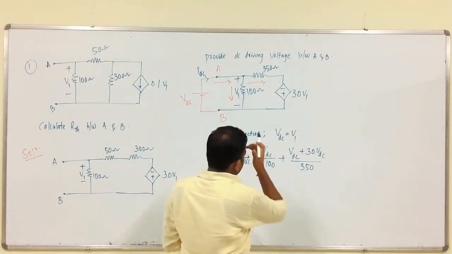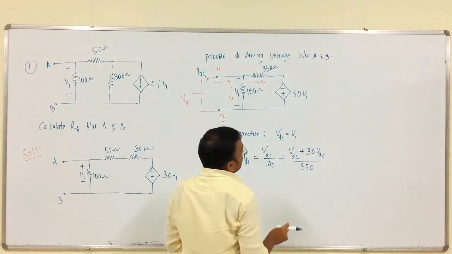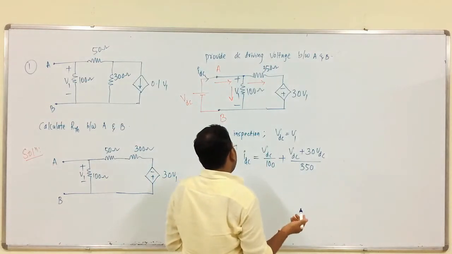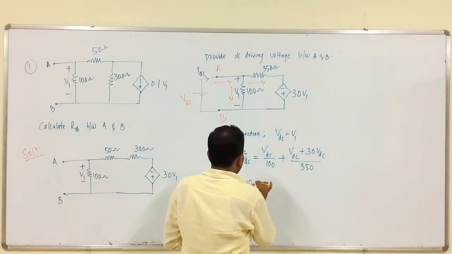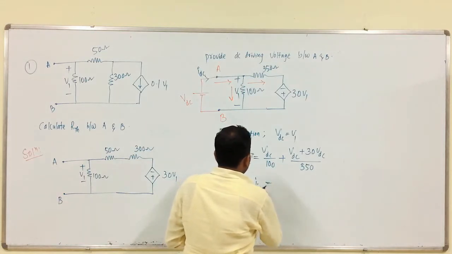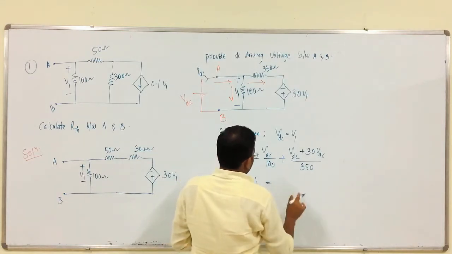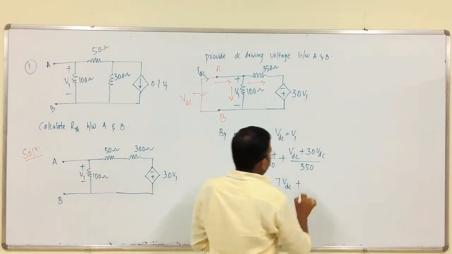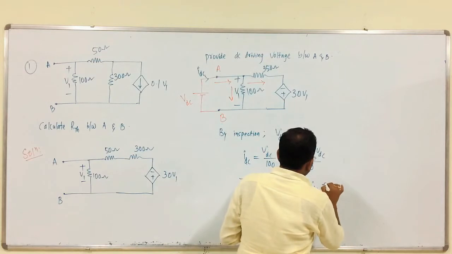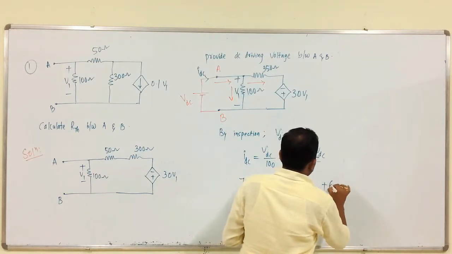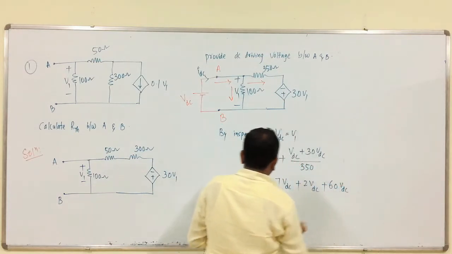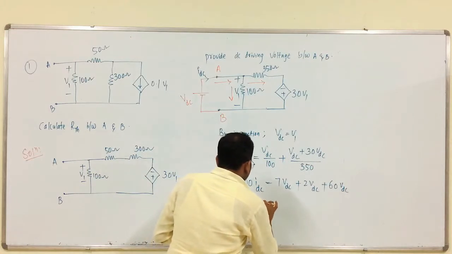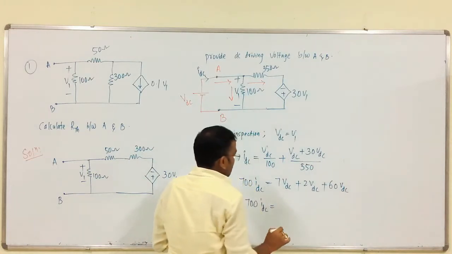So, from this 350, 100, 350, 700, 700 IDC is equals to 7 VDC plus 2 VDC plus 60 VDC. From this 700 IDC is equals to 69 VDC.